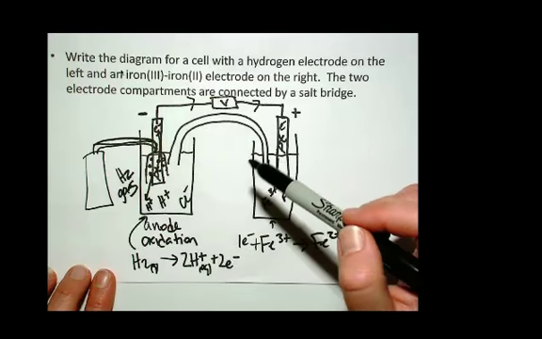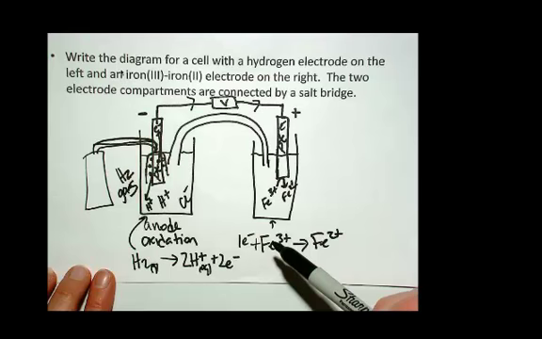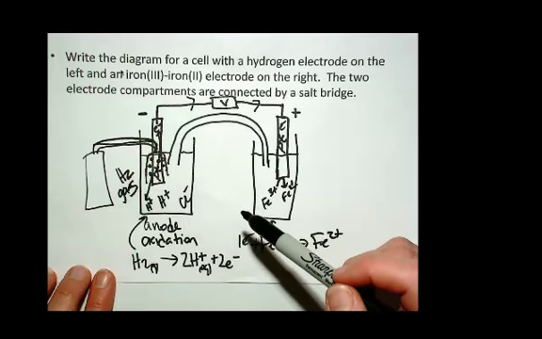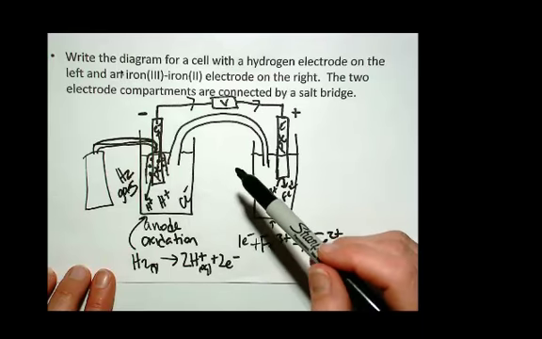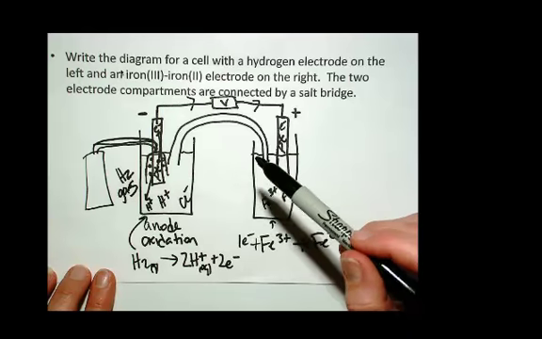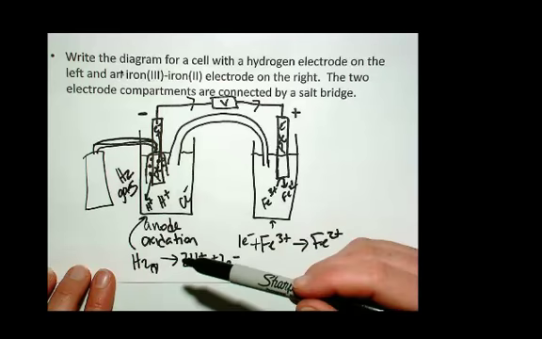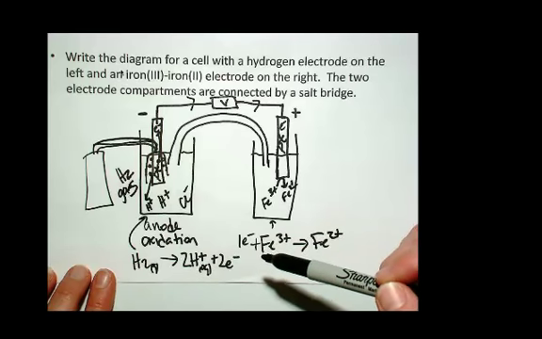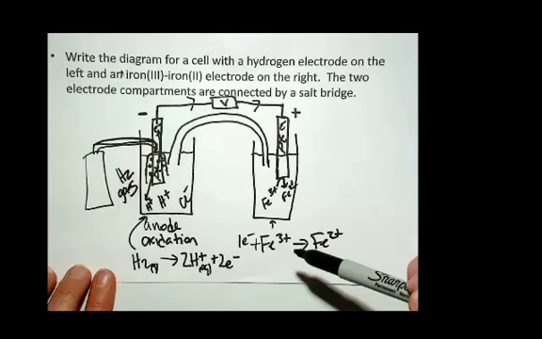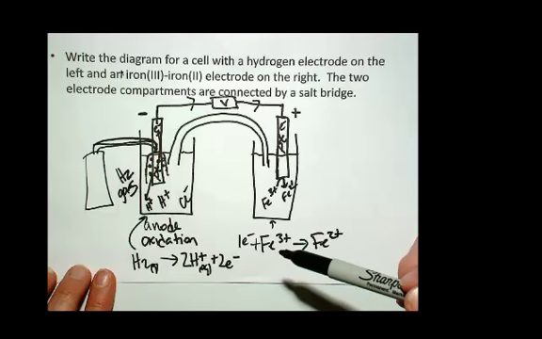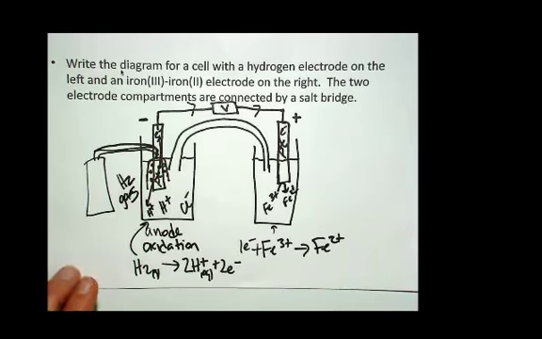I don't necessarily think that you could have come up with that on your own, but this is what chemists and engineers do. They think about what they have, what they know is a spontaneous change. If I put hydrogen gas with iron 3 plus together, there's going to be a spontaneous redox reaction. How can I separate the two to harvest it? And that's what a lot of research is, engineering research or product development type research in this field.